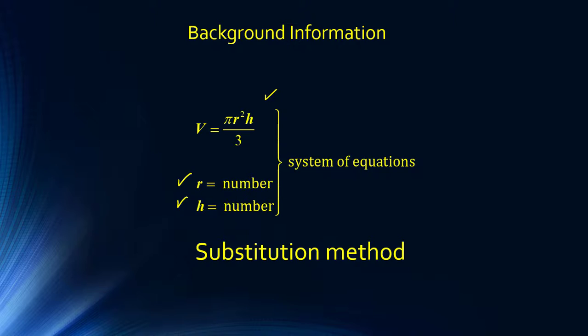And you'll notice that this entire thing from here to here is just a system of equations. And we'll be using the substitution method to complete the calculations. What that means is we'll substitute whatever value we have for r and whatever value we have for h into the formula for the volume of the cone.